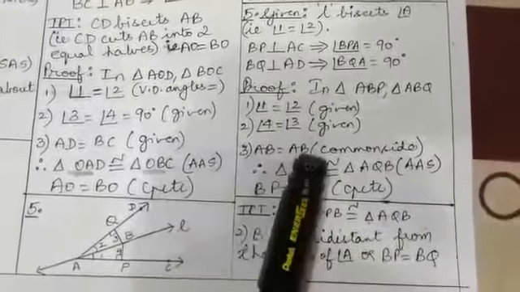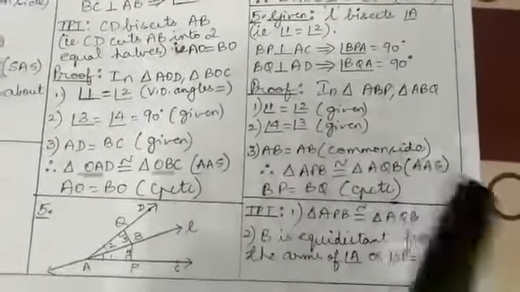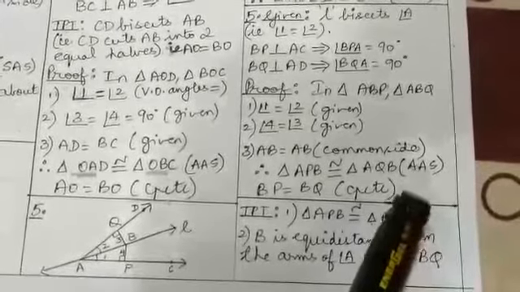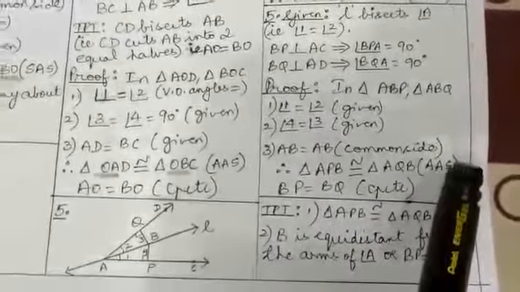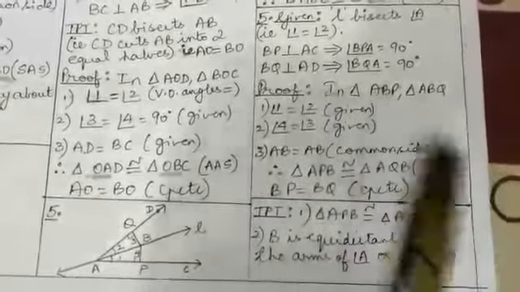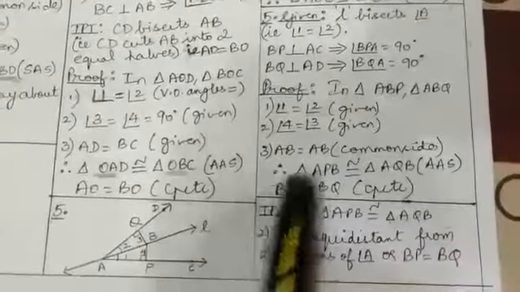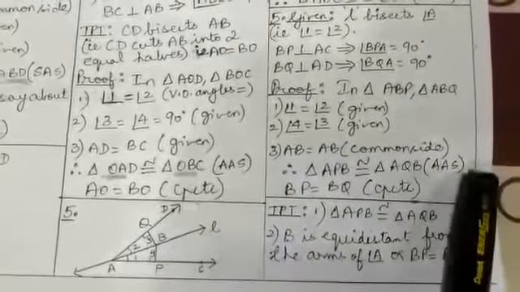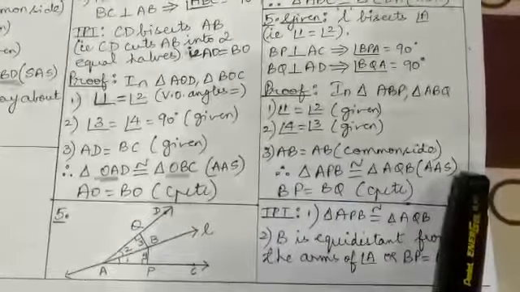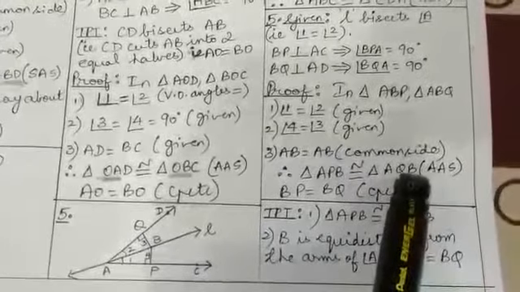So clearly AB is not the included side in either of the two triangles. So then what is the rule? Two angles and some other side. ASA means two angles and the included side. But here we have two angles and some other side. So by the AAS congruence criterion, the two triangles are congruent to each other.